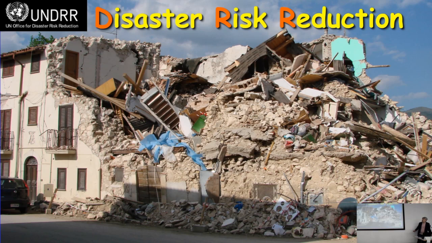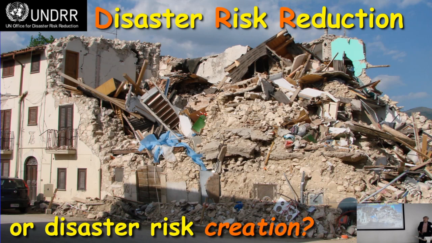So we're into the age of disaster risk reduction. It surprises me a little, perhaps not very much, that the United Nations International Strategy for Disaster Reduction has now rebranded itself the United Nations Office for DRR. Great, mainstream and all of that. But the reality is we're actually in the age of disaster risk creation.